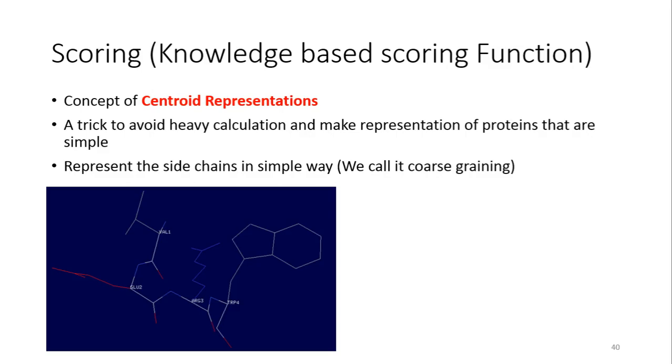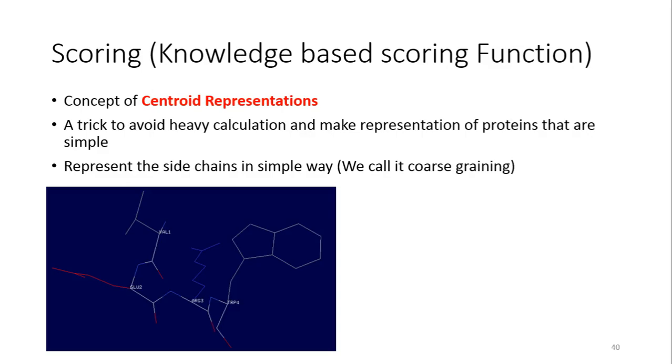But while scoring whatever fold we have generated, side chains must also be considered. You cannot completely rely on the backbone when it comes to scoring the entire model. So the problem is that we do not want to ignore the side chain, and at the same time we wish to avoid heavy atomistic calculation as well.